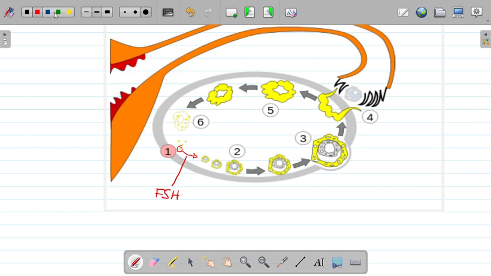So once the follicle develops, the follicle is responsible for secreting another hormone known as estrogen.